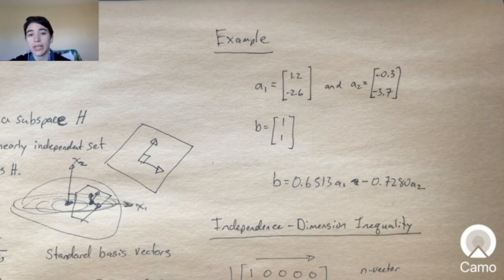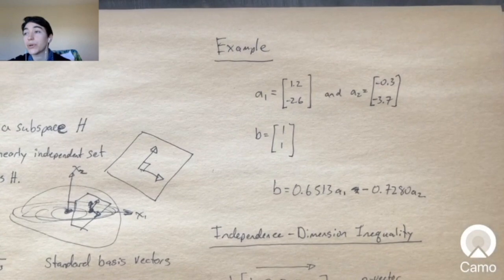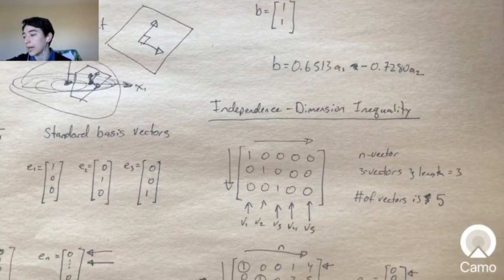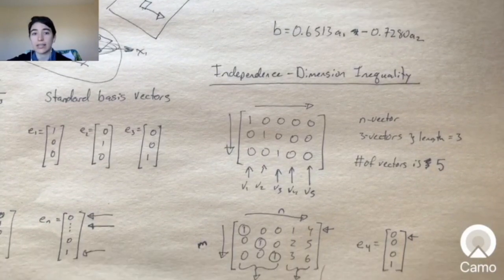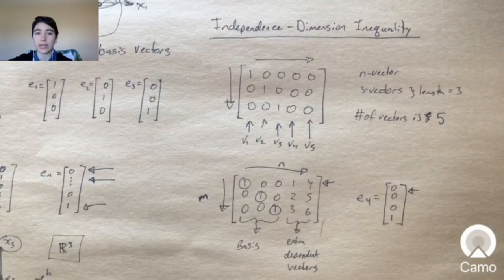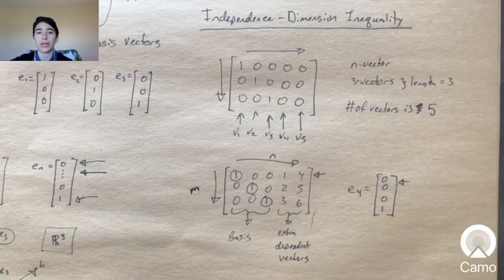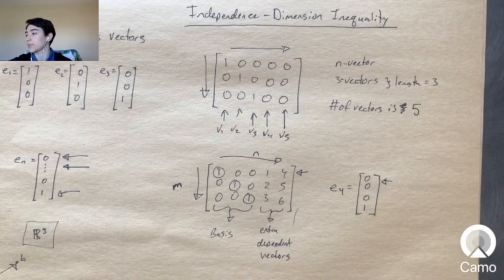Okay, I am working out of the book for this course, which is the book by Boyd, and the next thing he covers is the independence dimension inequality. I'm also working out of another book, like half the lecture is from the other book and half is from this one.